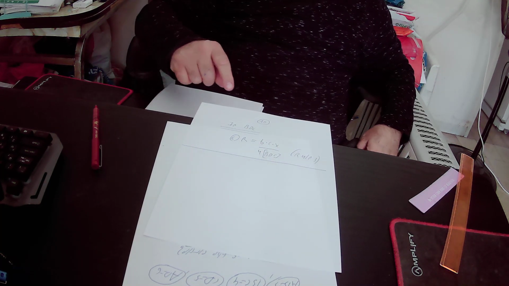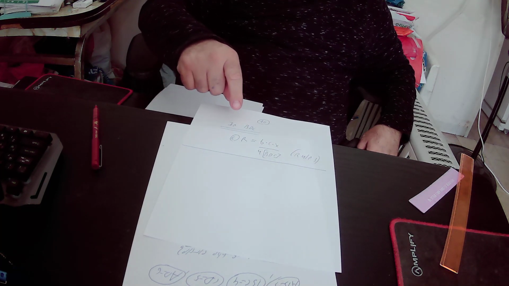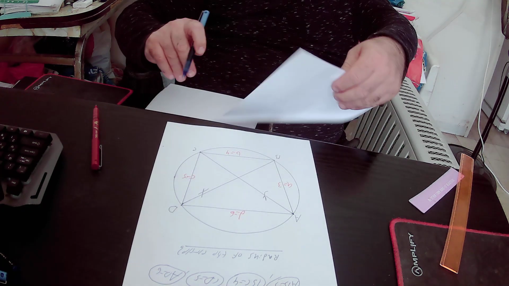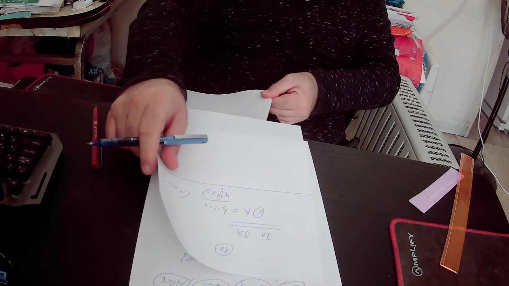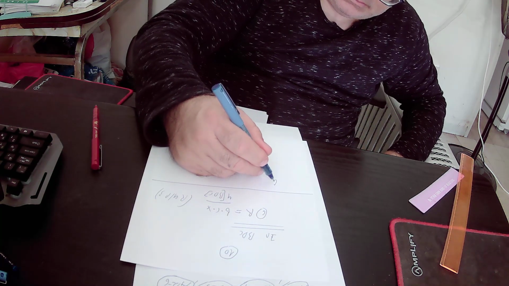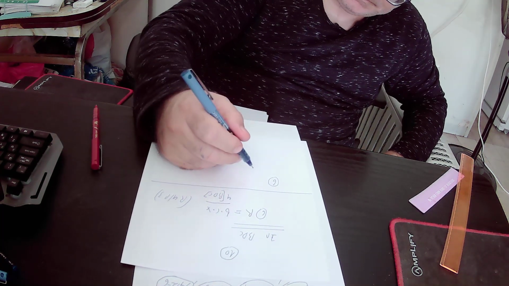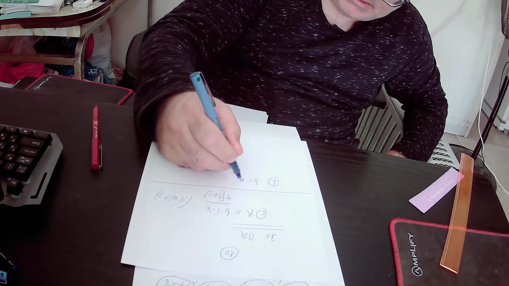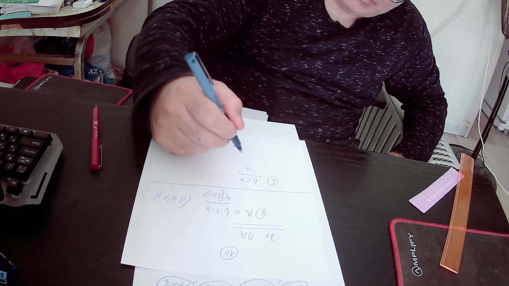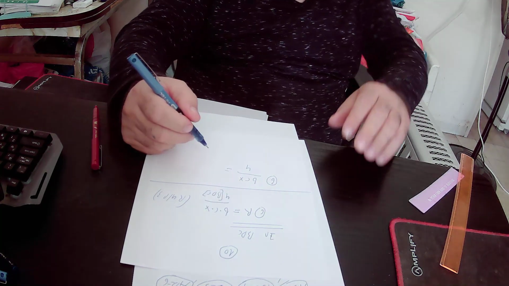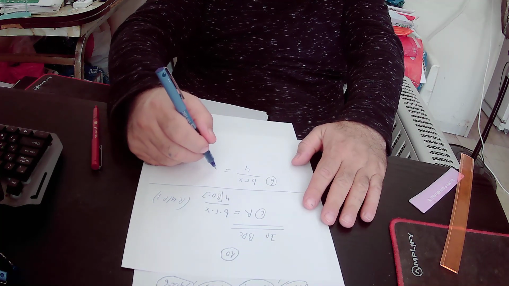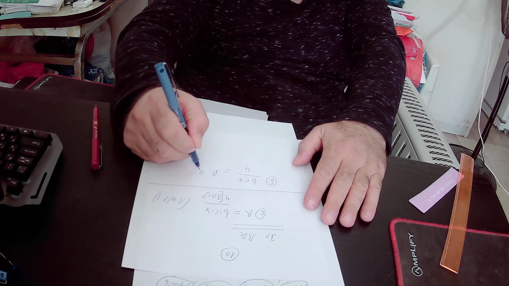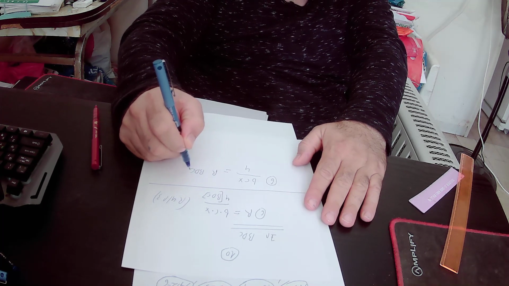Here we multiply equation number 3 by the area of triangle BDC, and we get BCX over 4 equals R times the area of triangle BDC.